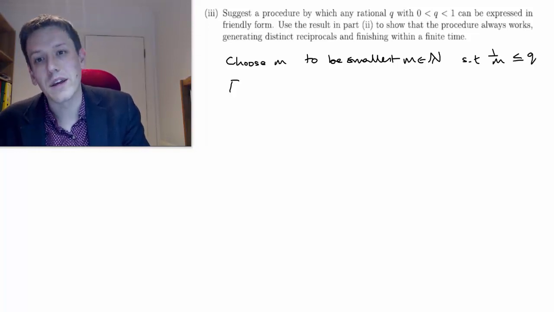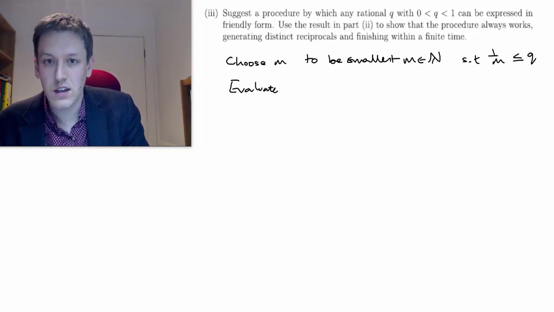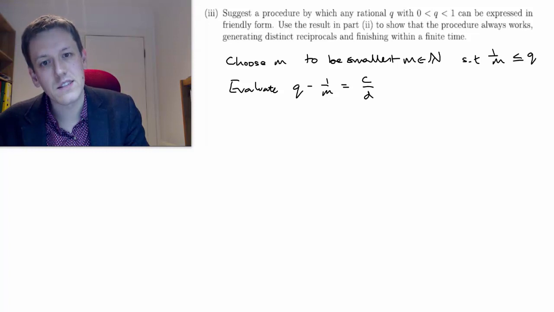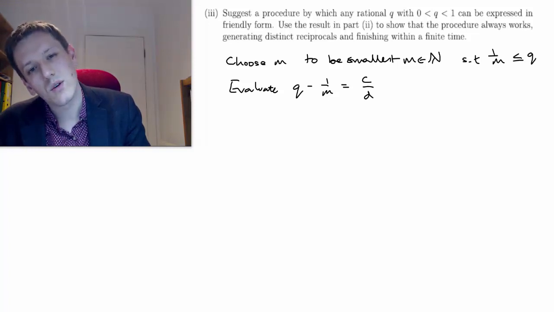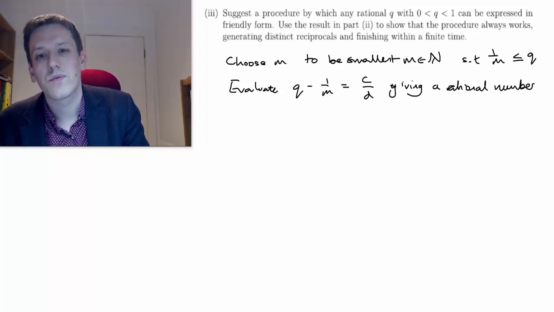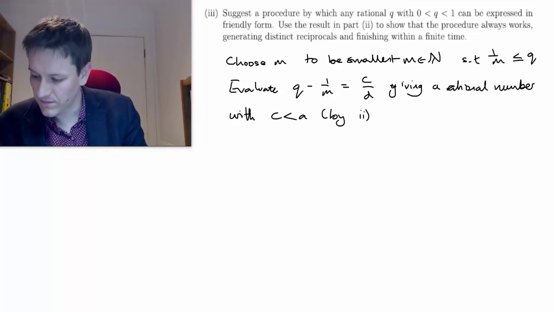Okay, and then we're going to evaluate q minus 1 over m, which is c over d, giving a rational number with c less than a, which is what we've got by part 2.